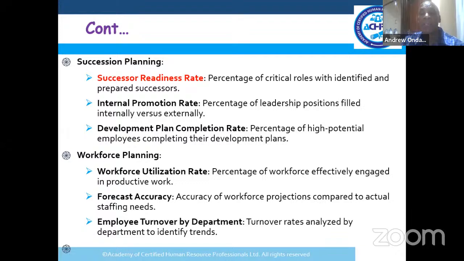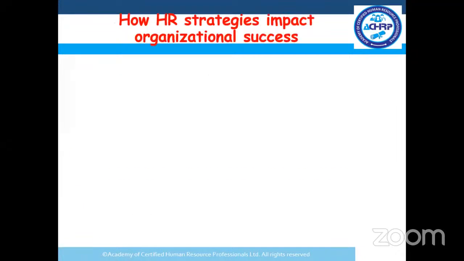Neptune, if you are there, you can ask a question or make a comment if you are ready. Evelyn, if you have any question, you can ask. Okay, apparently there is no question or comment. I request that we move on to the next.